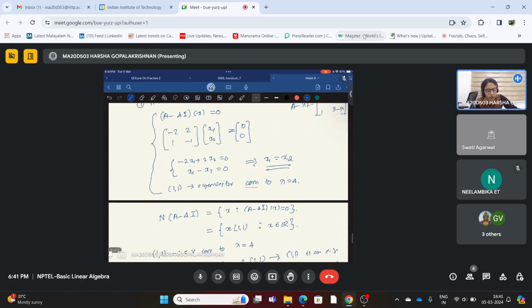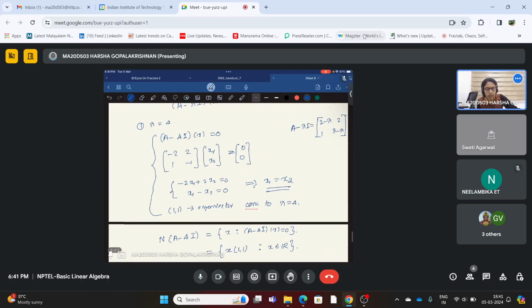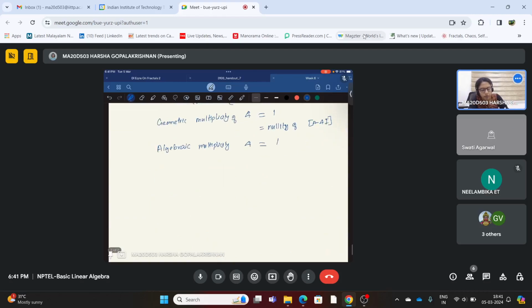See, what we are doing is first we are finding an eigenvector corresponding to the eigenvalue lambda. x is an eigenvector corresponding to lambda if and only if Ax equal to lambda x, correct? Yes. That means x is a non-zero vector.